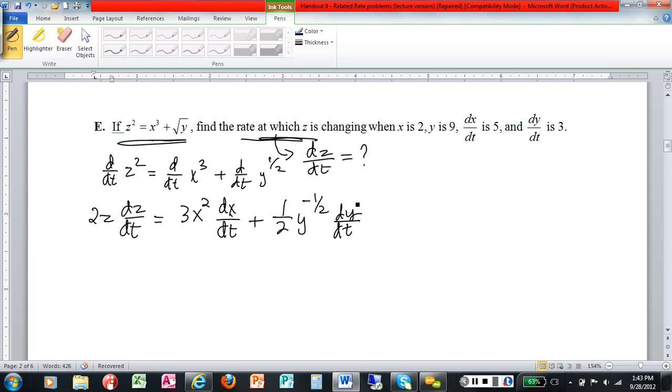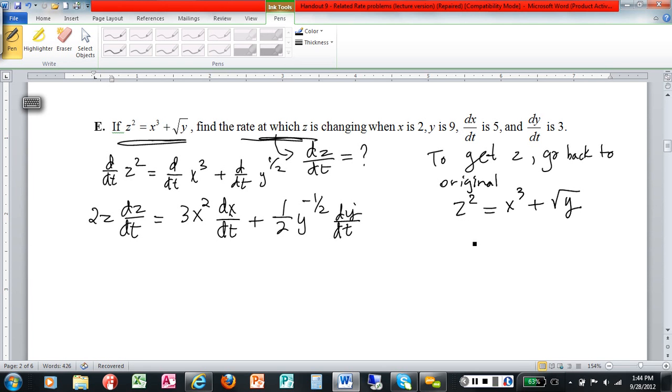How am I going to get z? Well, to get z, go back to the original equation. Just like we did a while ago for y. And substitute your x is 2, your y is 9. So I'm going back to z squared equals x cubed plus square root of y.